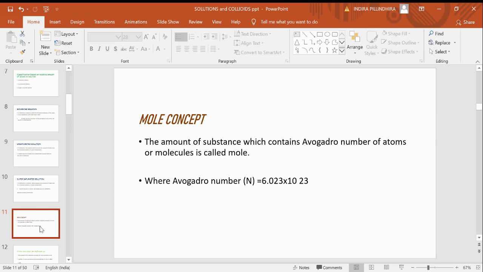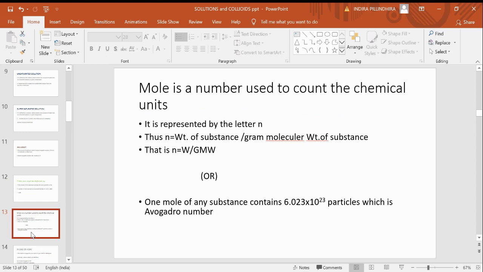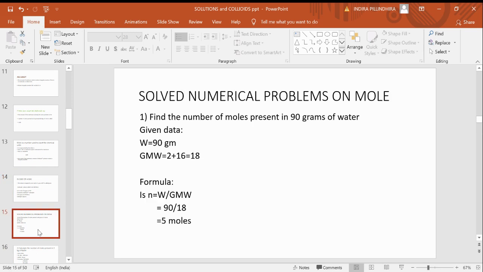Then after that, we have seen what is mole. Mole concept, defined the mole, n is equal to W by GMW, the different ways of expressing the mole. Then in the next slide, we have seen the solved numerical problems on the mole.